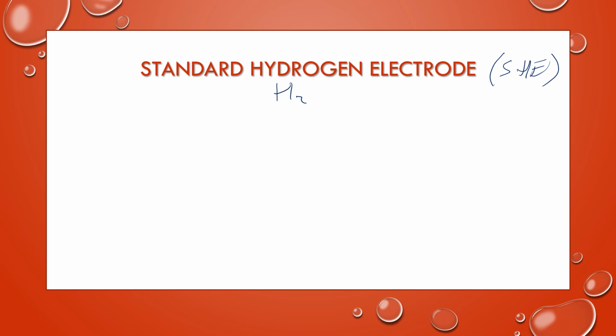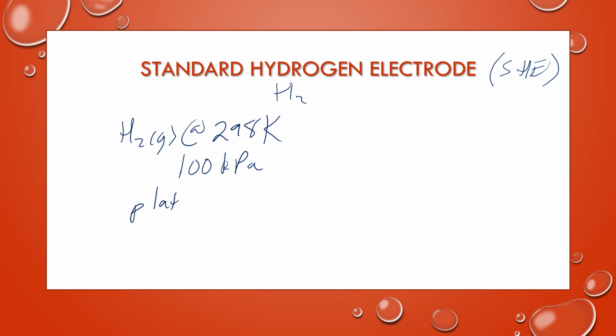And the hydrogen gas is produced at 298 Kelvin, 100 kPa, so standard temperature and pressure. And you'll typically use an inert platinum electrode.